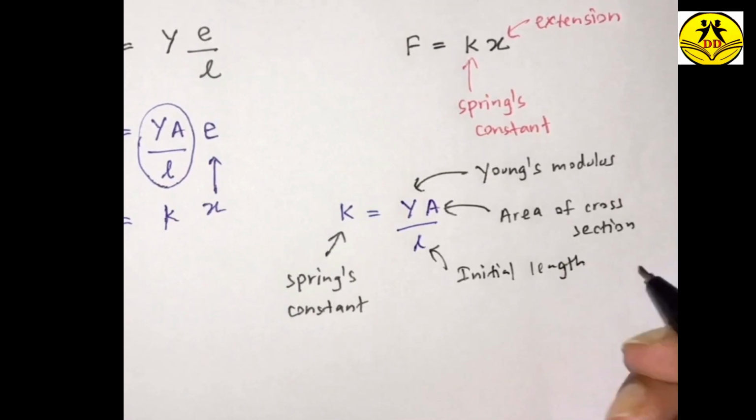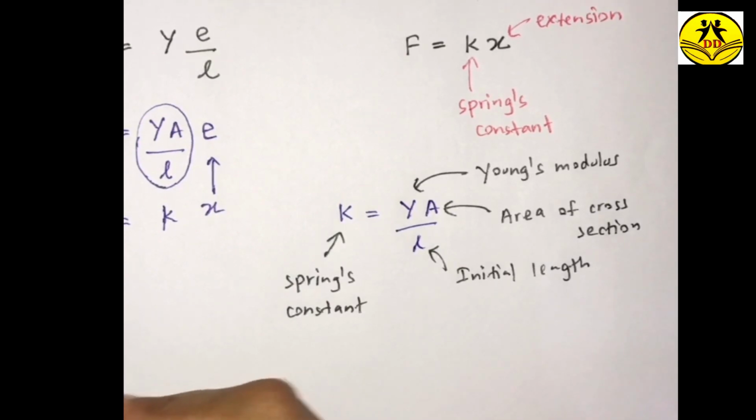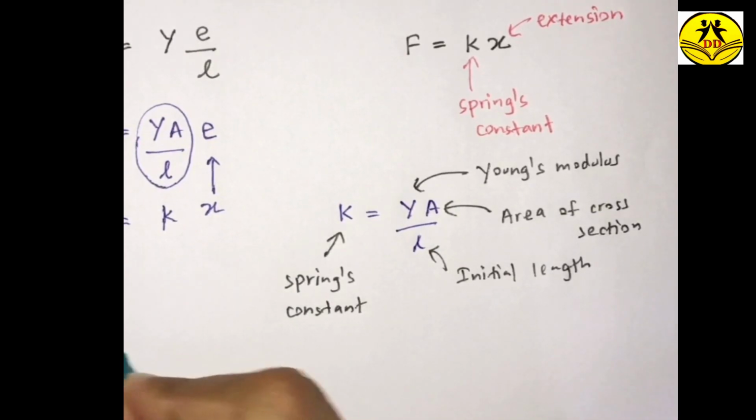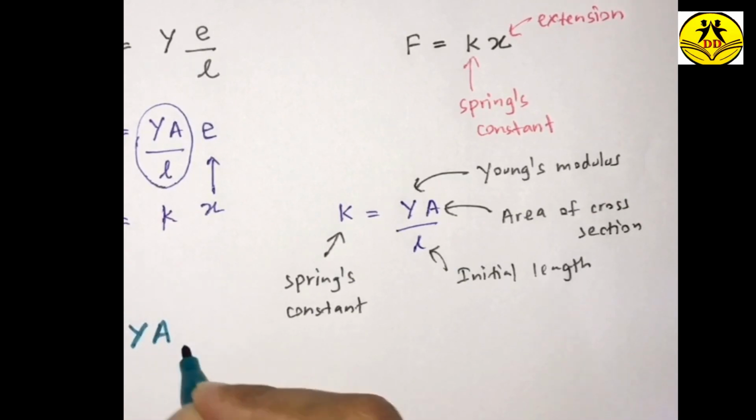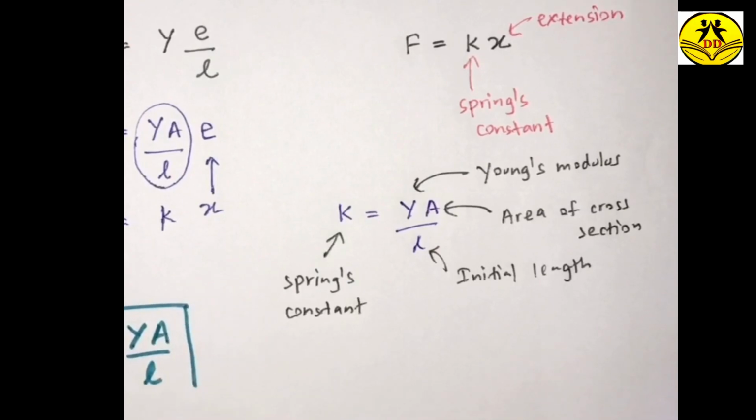So we got an equation for the relationship between Spring's constant and Young's modulus, that is k equals Y A over L. This is the relationship between the Spring's constant and Young's modulus.